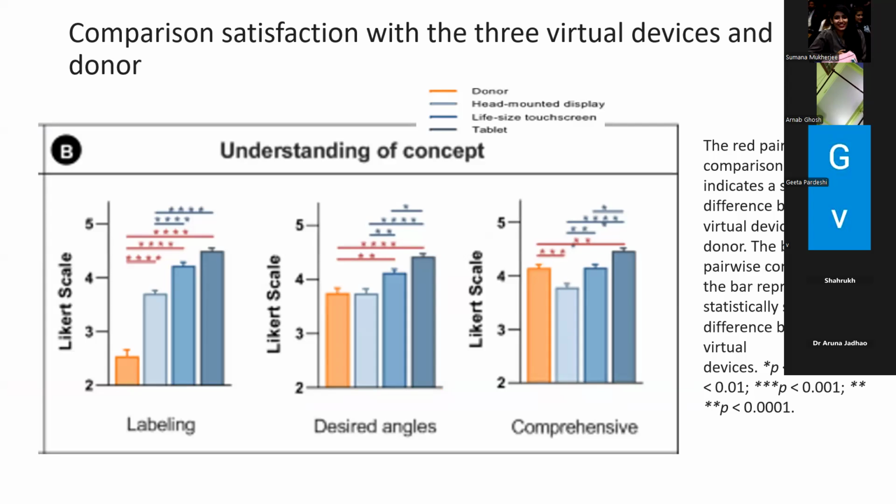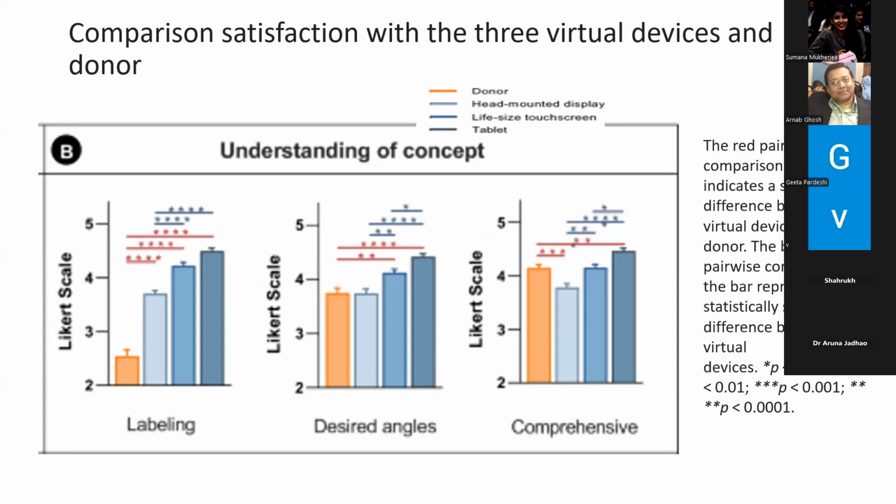On a Likert scale, and then they have compared here using an ANOVA and then post hoc analysis to find out the differences between different techniques, because they have used multiple virtual dissection techniques, not just one tool, multiple tools, with the donor category. So I will not go much here because we will be losing time, but again, this is an innovative way of putting up a graph and reporting your findings.